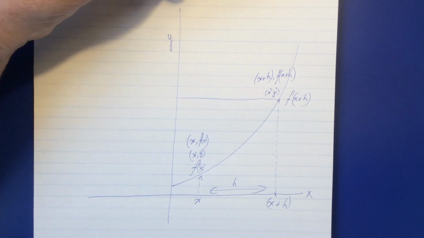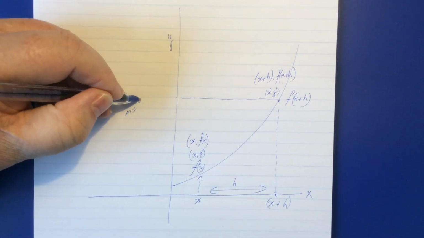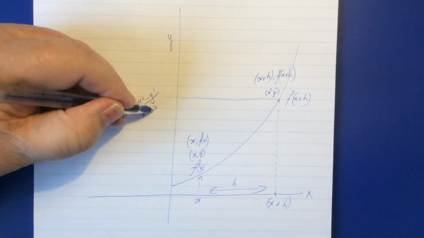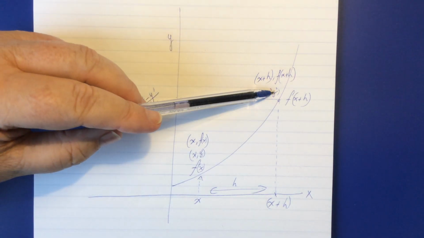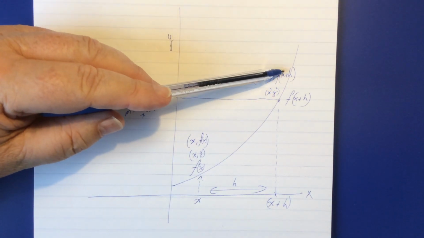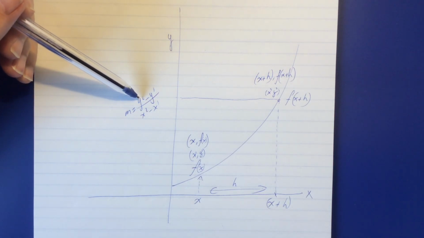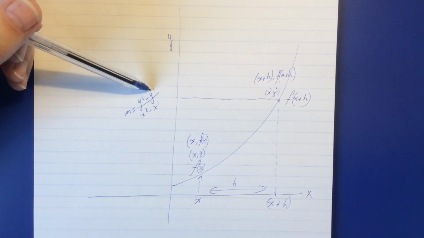Okay, now think back to this. For y2, we could put function of x plus h. For y1, we could put function of x.